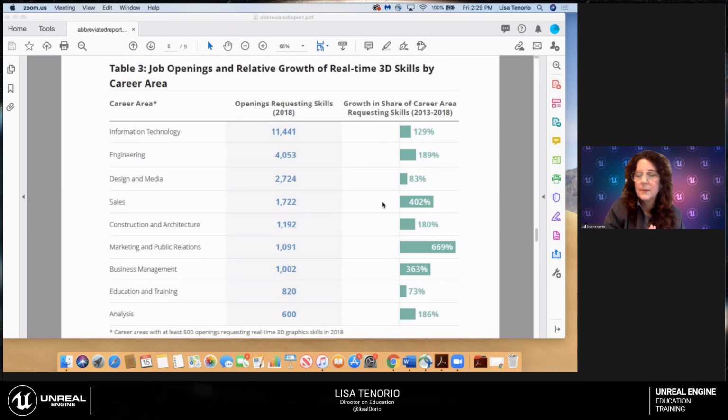But what's interesting to me is some of the other high growth categories, like marketing and public relations. So Unreal Engine is being used in advertising, an area where real time is expanding into. You see analysis on here, so for data visualization, perhaps, real-time 3D is being used there. Education and training is on here, so simulation. There are some really interesting areas where real-time 3D is showing up that you might not expect.